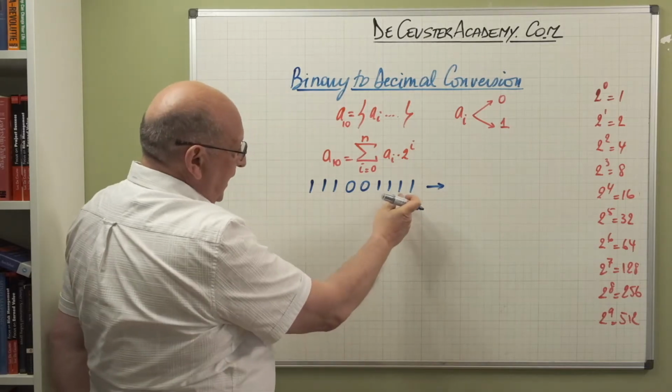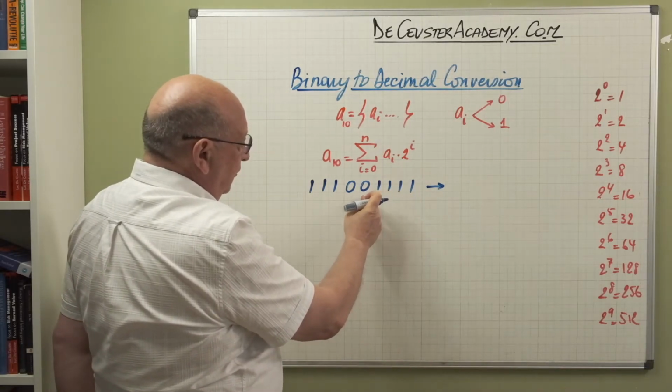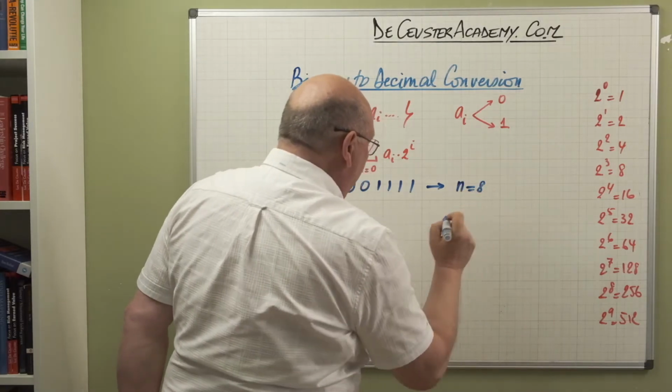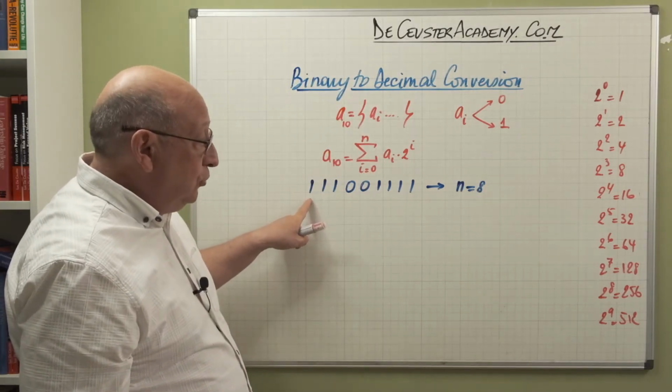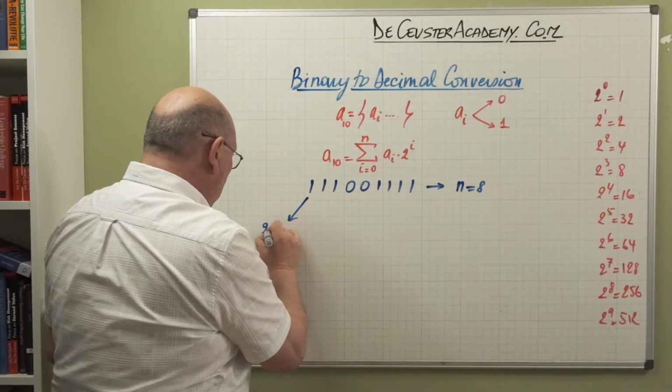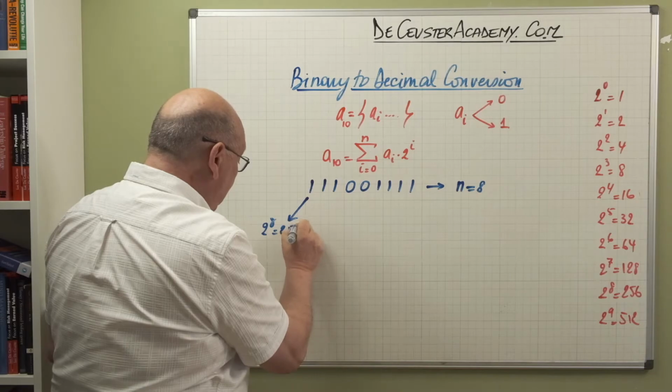It means that we have 0, 1, 2, 3, 4, 5, 6, 7, 8, so n is equal to 8. This is 2 to the power 8, which is 256.